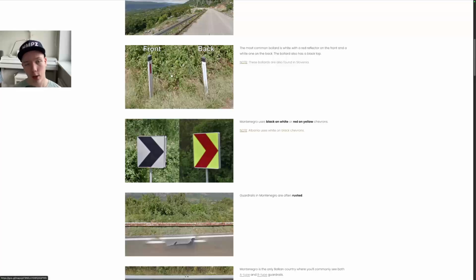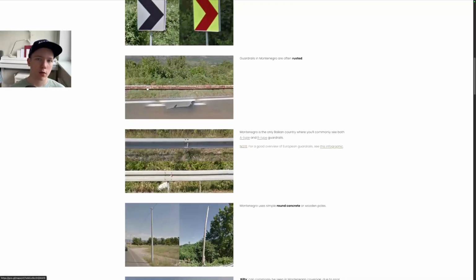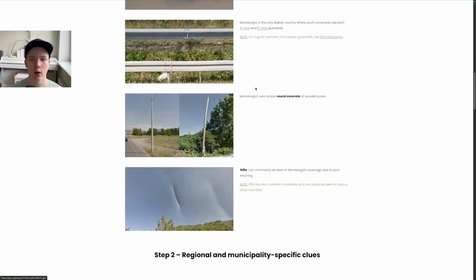I always forget that, but try not to forget it. These kind of weird chevrons as well. Guardrails in Montenegro, but also Albania, often are kind of rusted like this, so they look really ugly. And you can see both A-type and B-type guardrails, but I don't even know which one is more common. I guess B-type probably is a bit more common still.